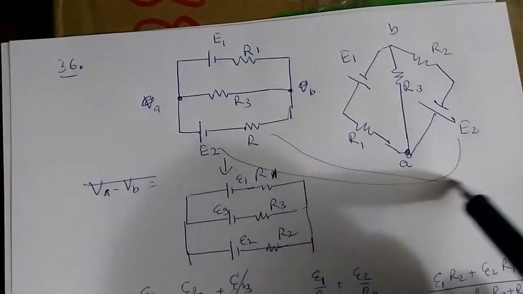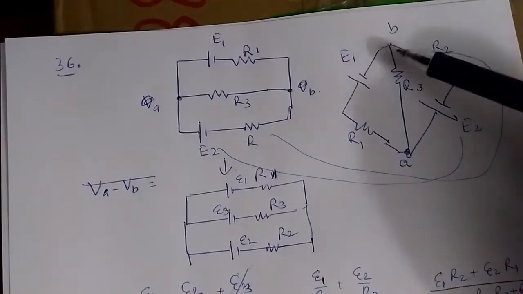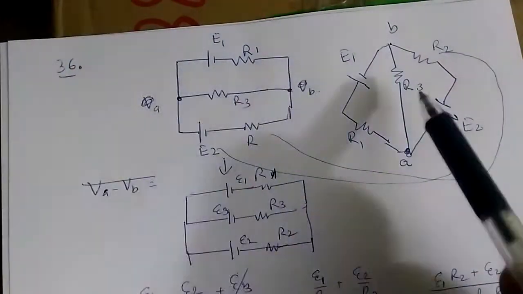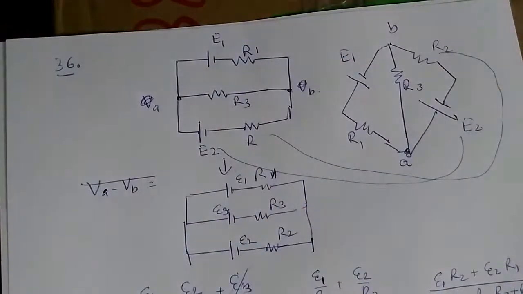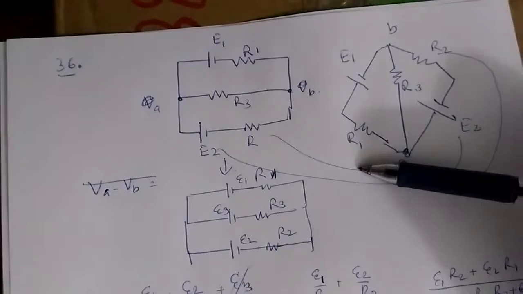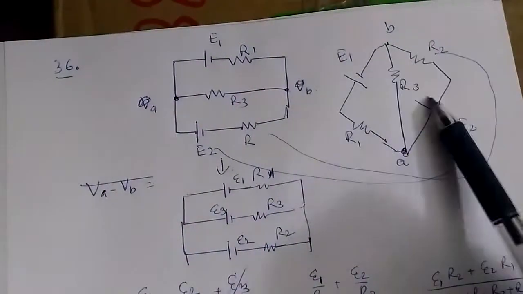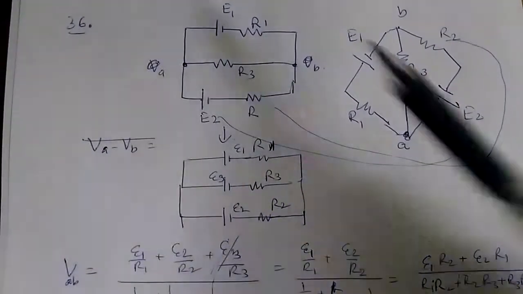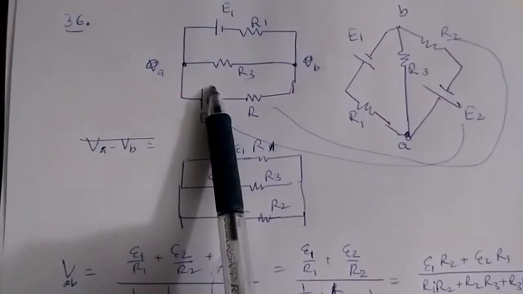This R is in series with this, and then we come to point B. Finally, this R3 is the same as this, and this voltage source and R are the same as these two, except that these two are reversed, but it does not matter. By rotating and rearranging the terms, this circuit is essentially the same as this circuit. So the voltage between A and B in this case will also be the same as in this case.